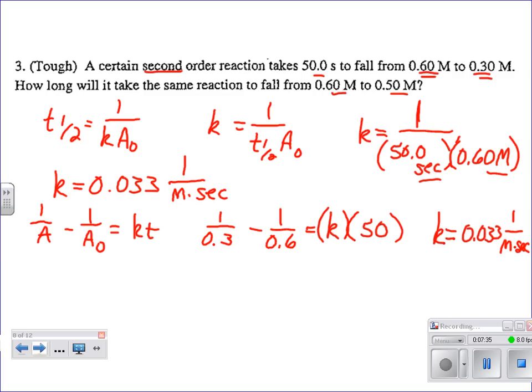Well, if you have your k value, now what you can do is plug that in to be able to use it with the second situation.